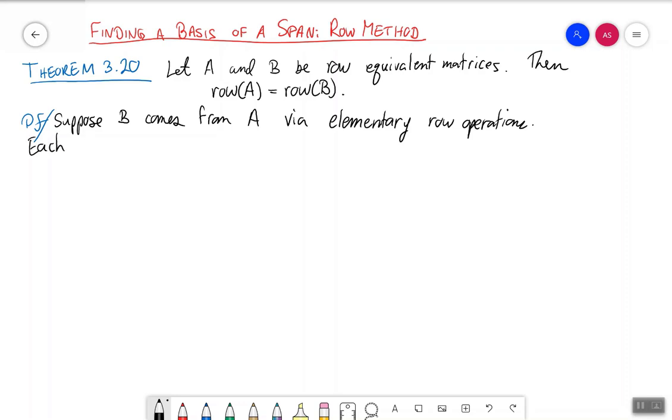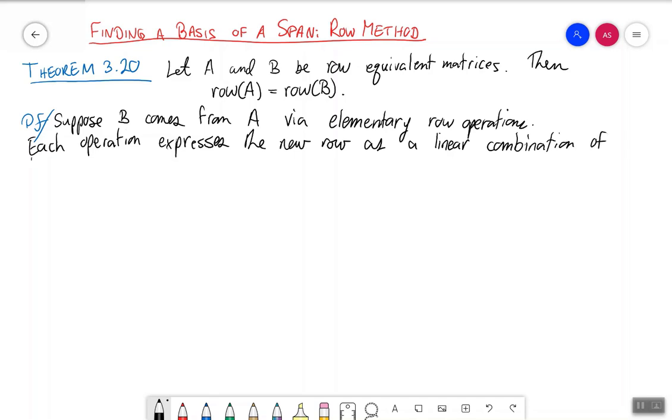Each operation expresses the new row as a linear combination of the old rows. So, in particular, every row of B is a linear combination of the rows of A.